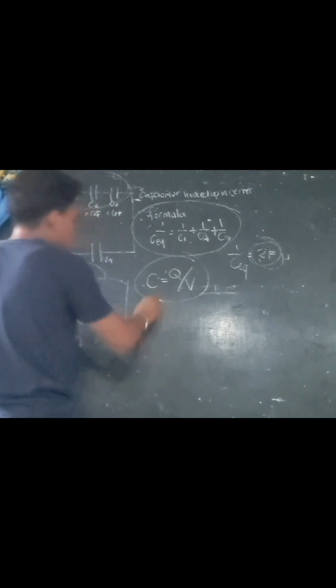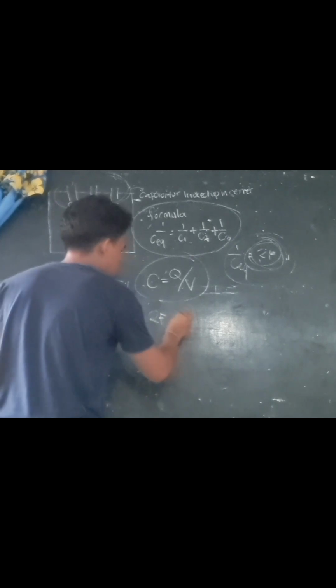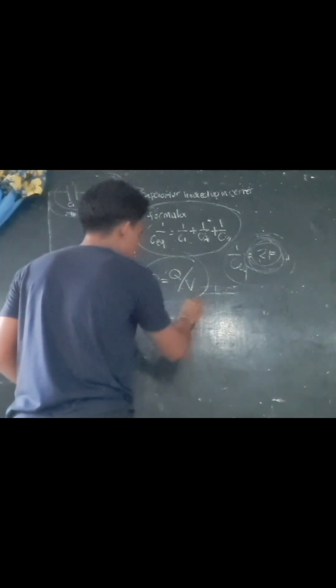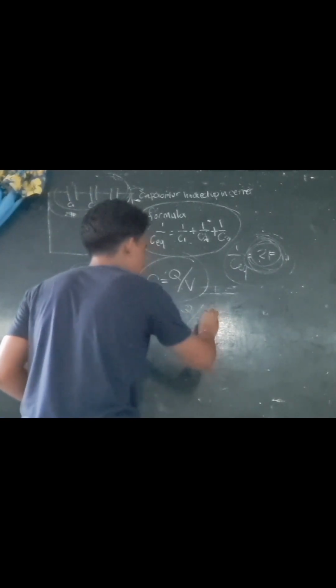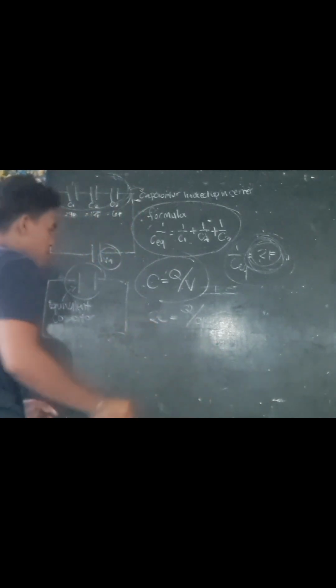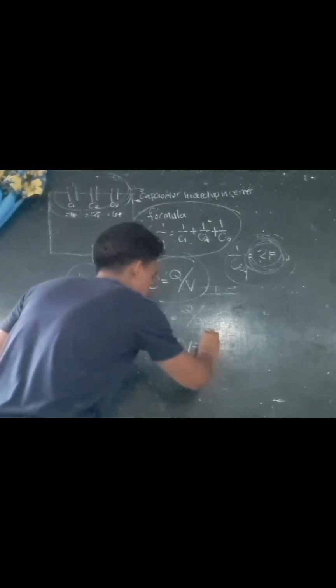We change the capacitance into 2 farads, and the 9 volts here, we will put here, and we multiply them: 2 times voltage equals electric charge, and we multiply them and get 18 coulombs of electric charge.